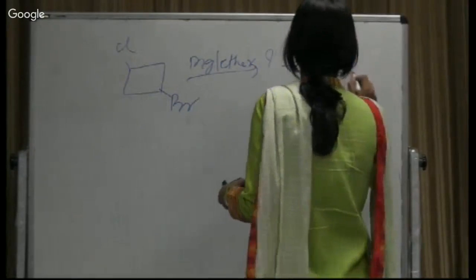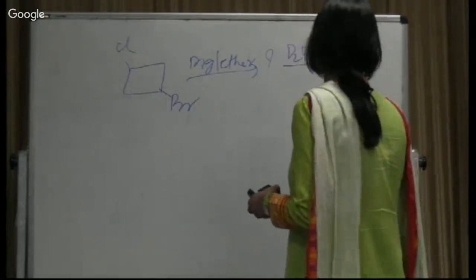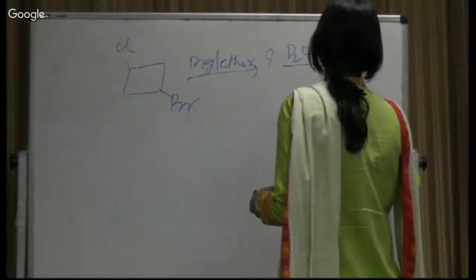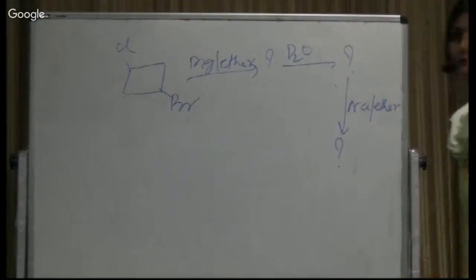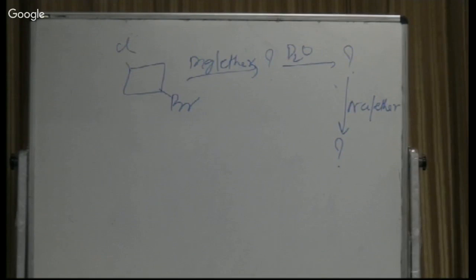You are getting some compound. This, when reacted with sodium in ether, you have to predict the product. Grignard reagent reaction. So where will the Grignard reagent reaction take place?